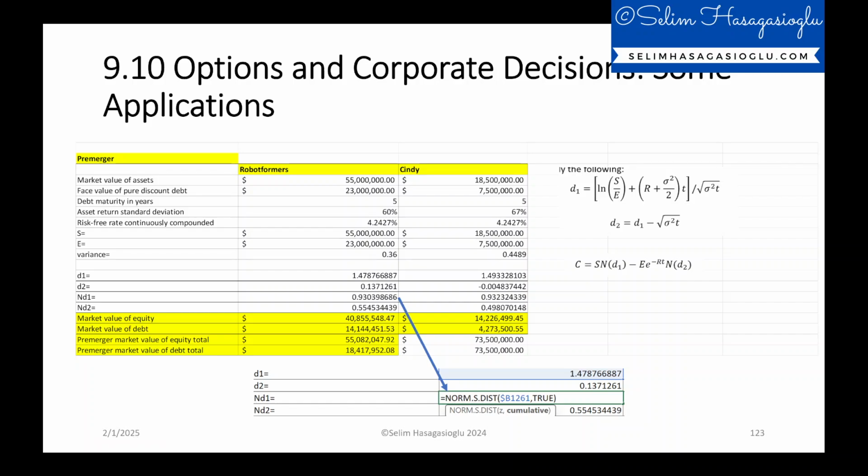So now you have also calculated N(D1) and N(D2), and then the value of the call will be the market value of equity for both companies. So then plug in the numbers for S, again the value here; you have already calculated N(D1) and N(D2), you know R, you know T, e will be Euler's number, and E will be the exercise price here.